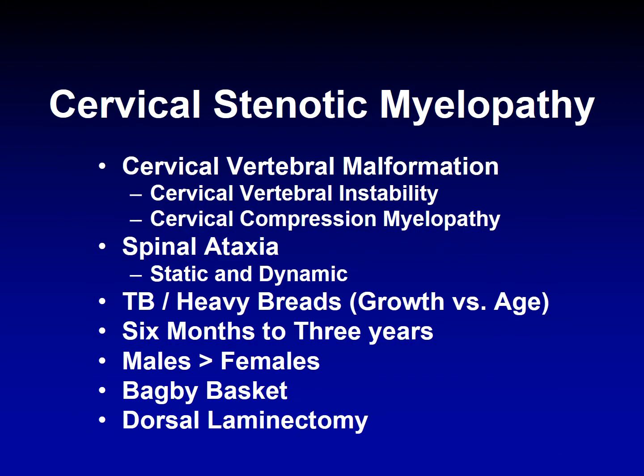This is basically a case of cervical stenotic myelopathy. We call it wobblers all the time, and it's a spinal ataxia. Basically, the horse is walking like a drunk person, and it happens usually in thoroughbreds, the heavy breeds usually, when they are about 6 months to 3 years of age, and males are usually more affected.